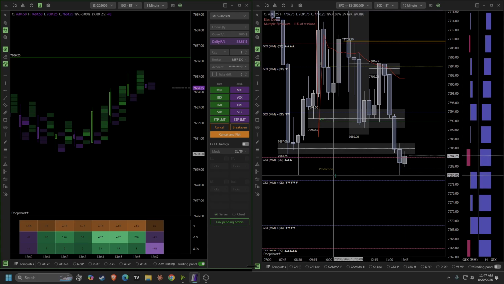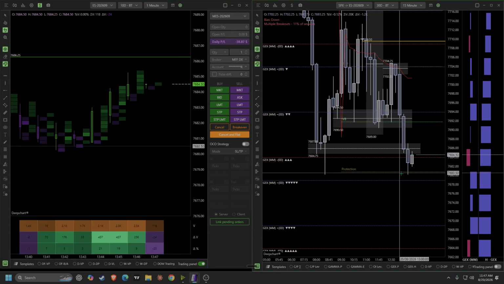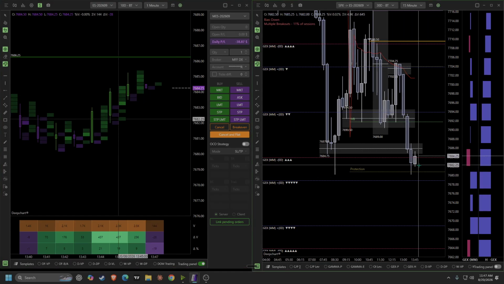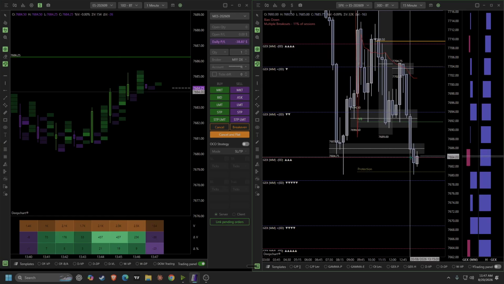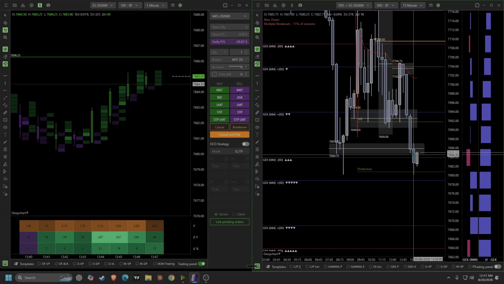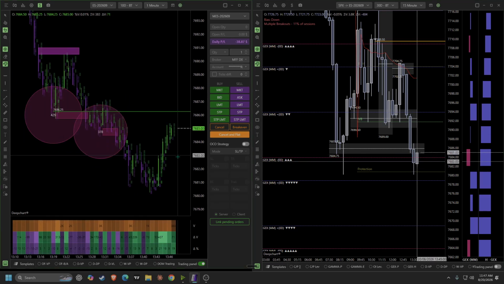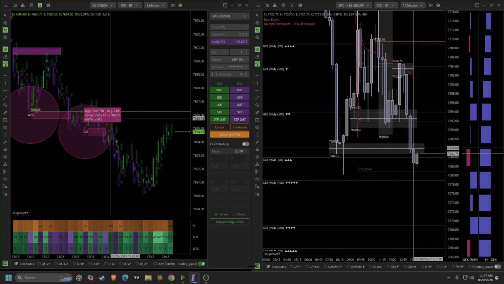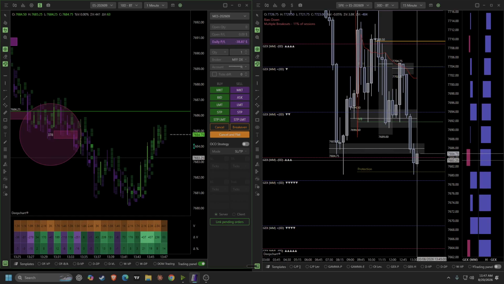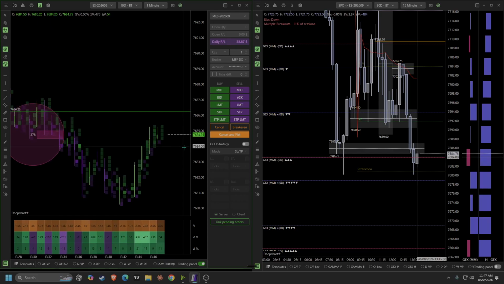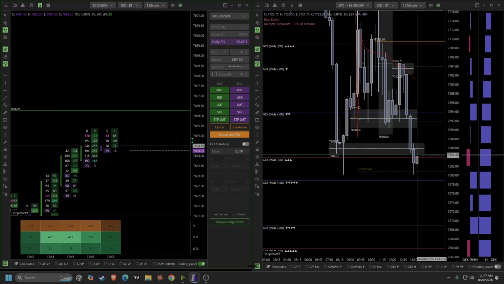Okay, back up here, kind of lost track. Rip above this level, we're probably going to extend to the upside. Retesting this zone where heavy selling pressure was. Are they still here?